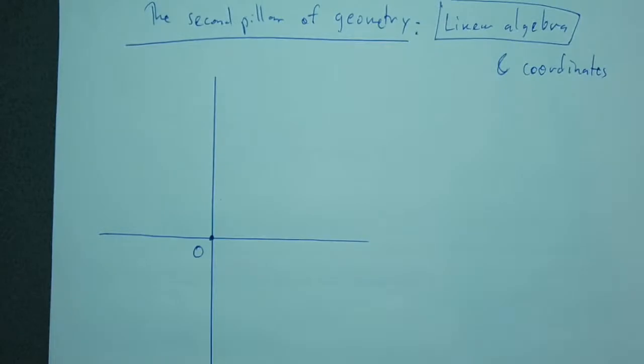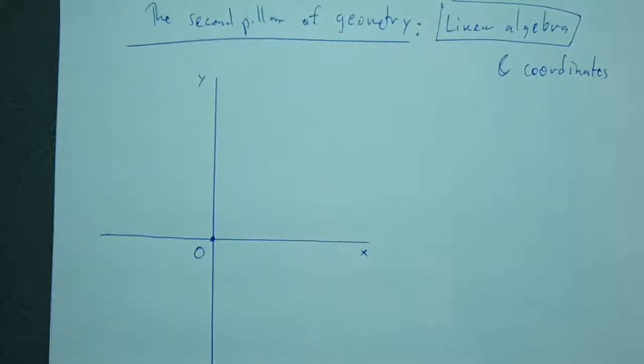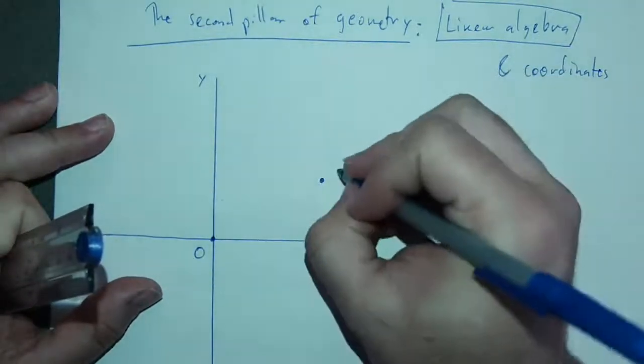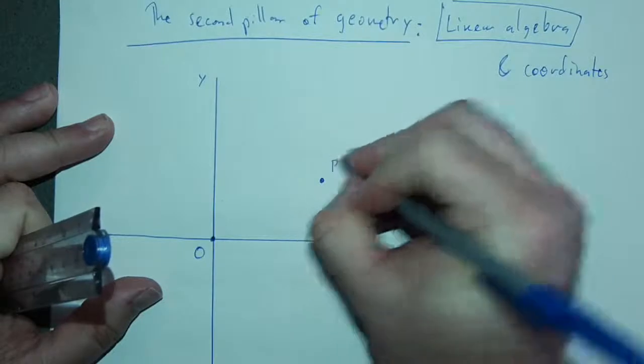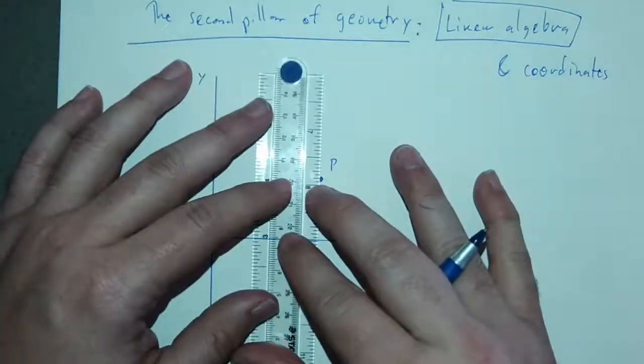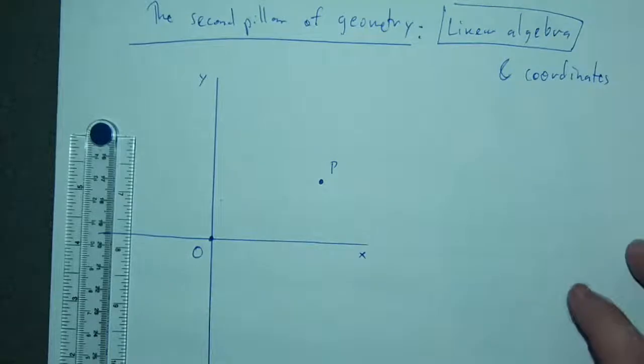Okay, and that's going to be my origin. The idea is if I have an x-axis and a y-axis that are these lines described in this way, then labeling a point here is easy. If I have a point P here, using the parallel postulate, how many lines through P are parallel to this line that I'm calling y?